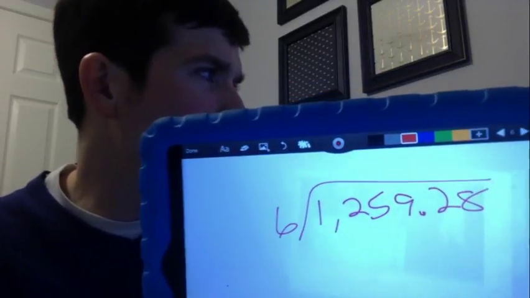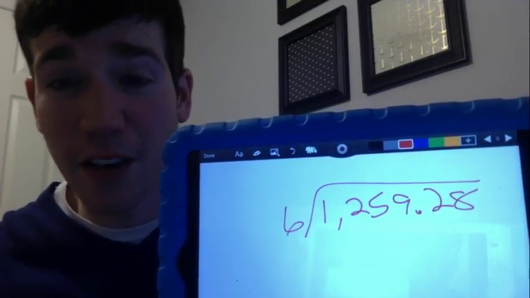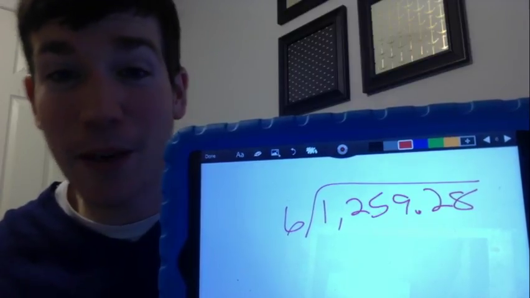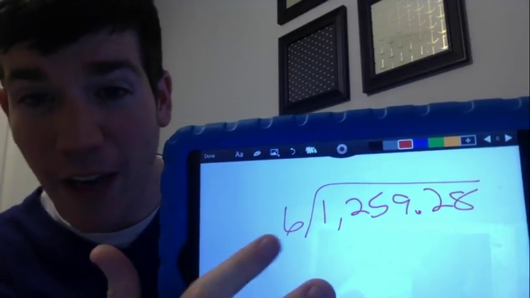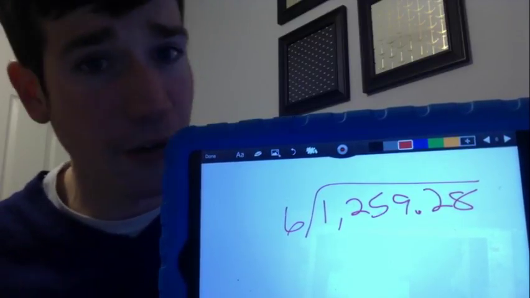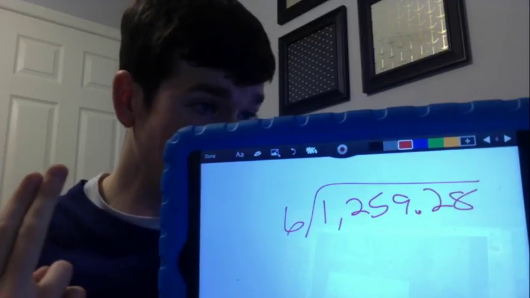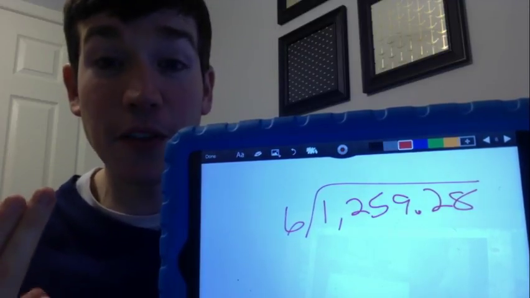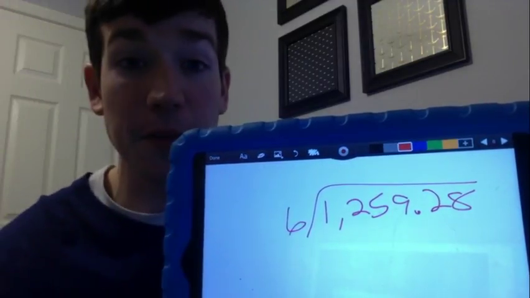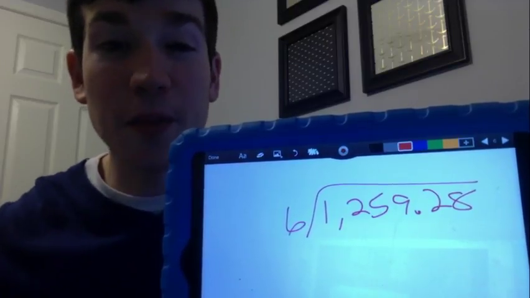In your head, you might be thinking, what type of number would make sense here? Well, I know my answer has to be bigger than 100, because if I gave 100 to each of these 6 groups, that would be 600. Now, I might say my answer also has to be bigger than 200, because if I gave 200 to each of these 6 groups, that would be 600 and another 600, which is 1,200.